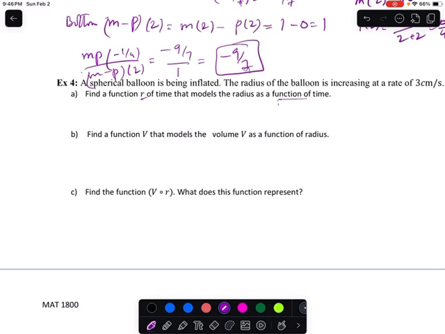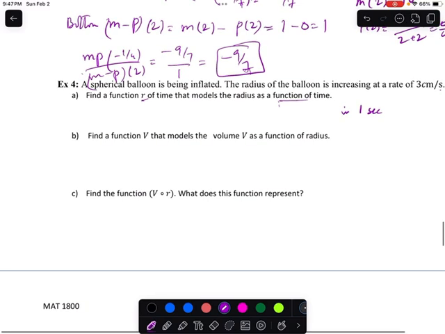Well, think about it. Because it's 3 centimeters per second, in 1 second it is increasing by 3 centimeters. In 2 seconds, it will be 6 centimeters. In 3 seconds, it will be 9 centimeters.